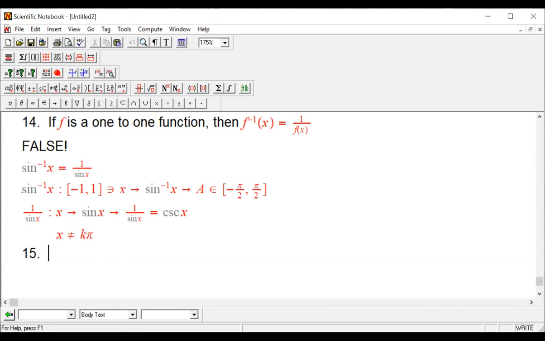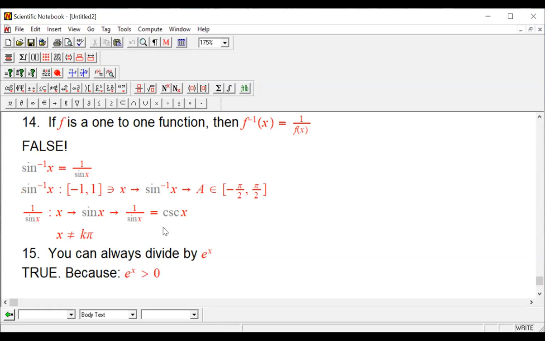Now, let's look at number 15. It says you can always divide by e to the power x. And the answer is true, because e to the power x is always positive.